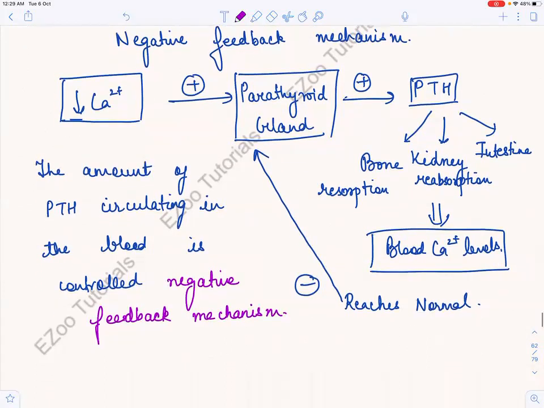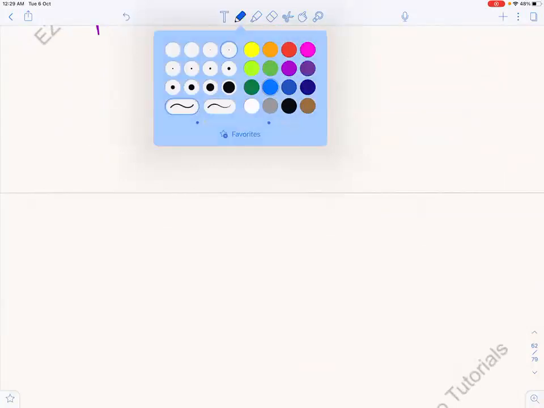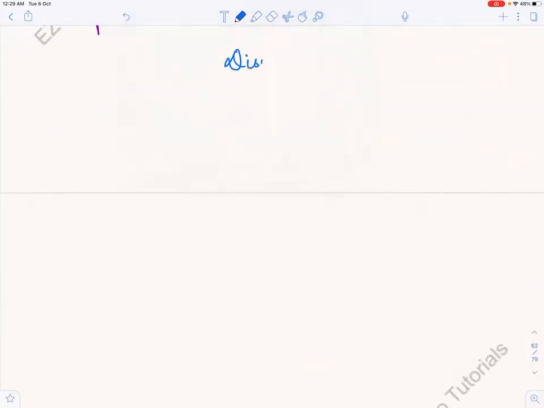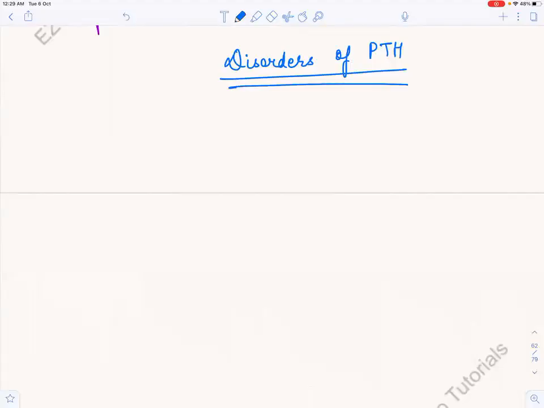We have done parathormone. Now let us see some of the disorders of this PTH or parathormone, which is also very important. These disorders can be hyperparathyroidism, and hypo.